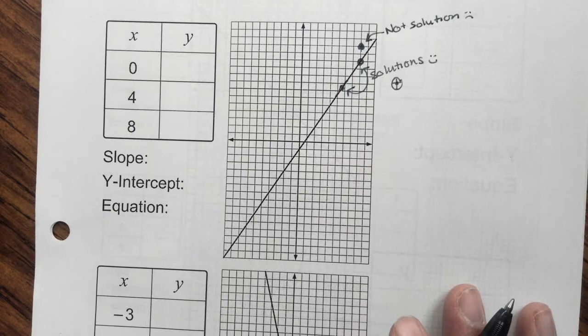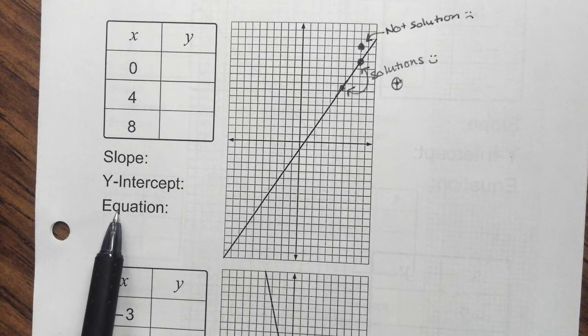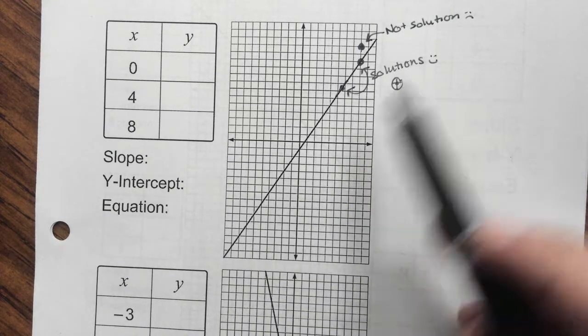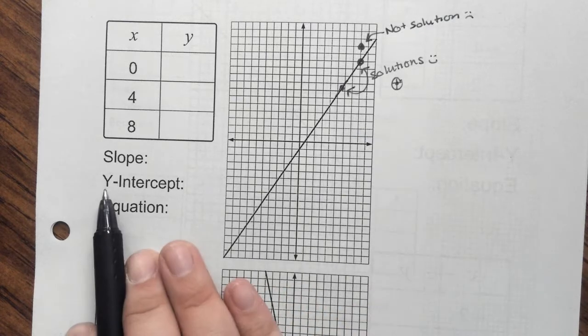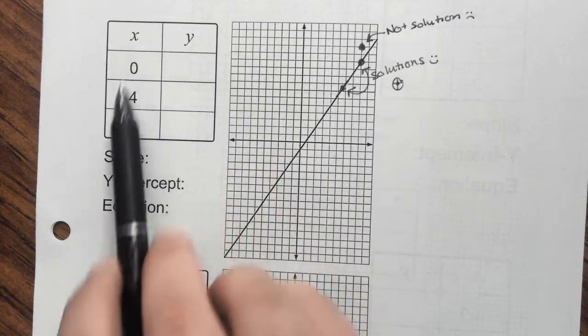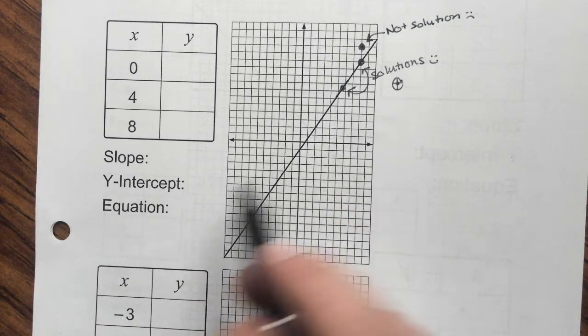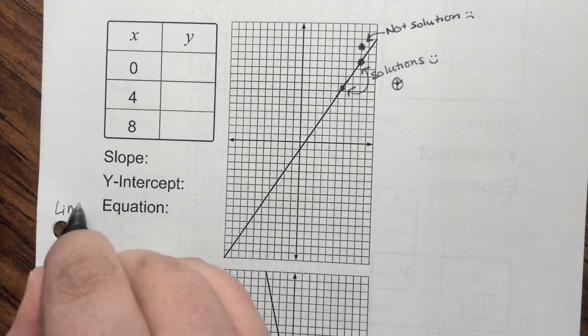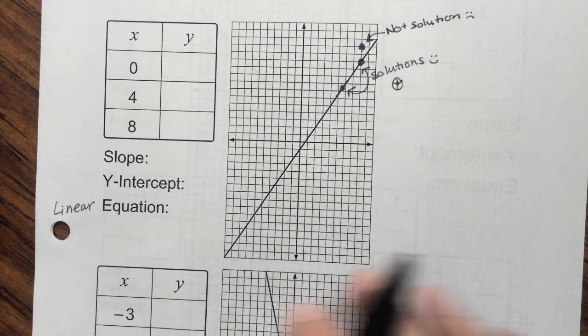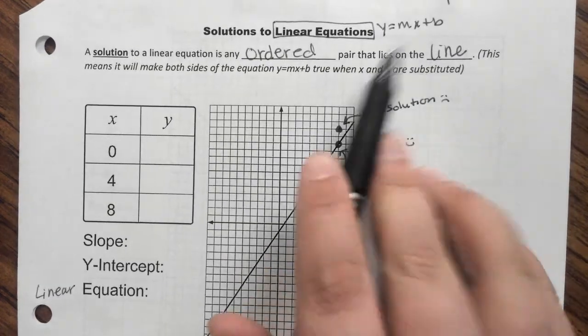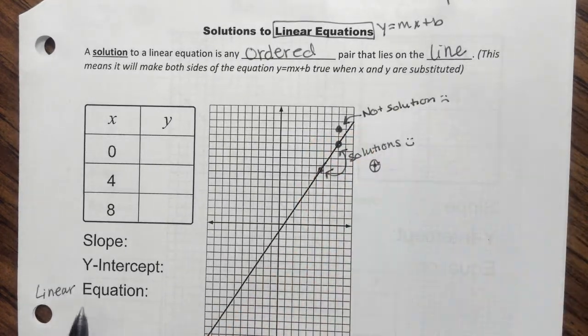So today our goal is to first write the equation of the line. And after we do that, we're going to fill out a table with some of its solutions. So since this is a straight line, I know that this is a linear equation. And I know that the linear equations we see in 8th grade look like y equals mx plus b. M, remember, is the slope.